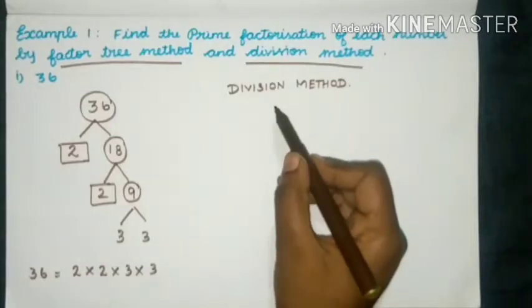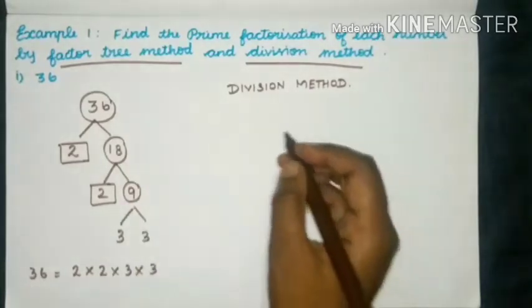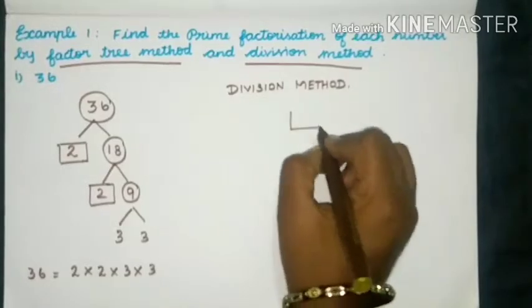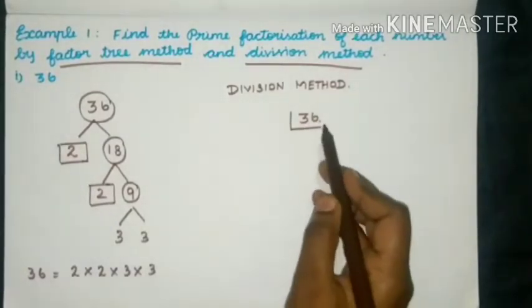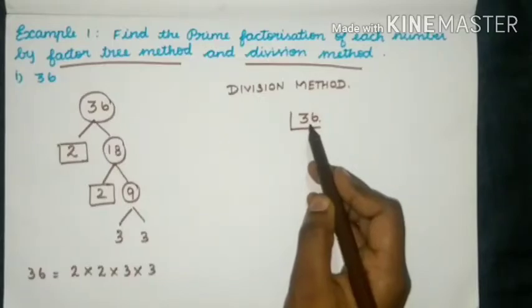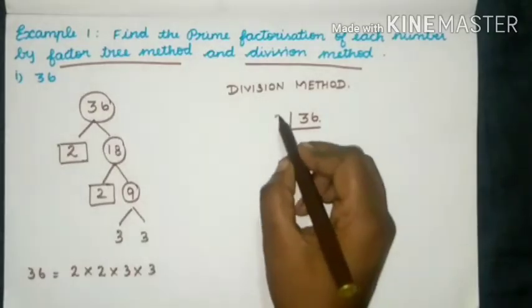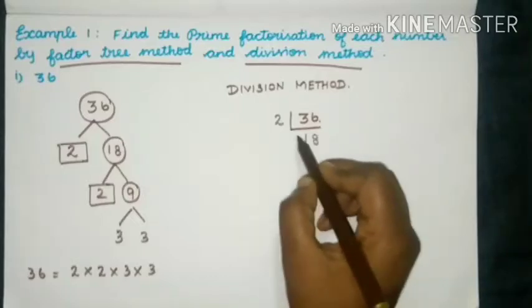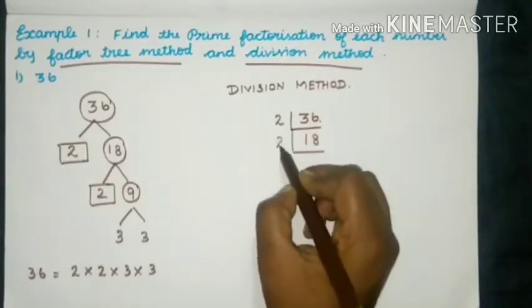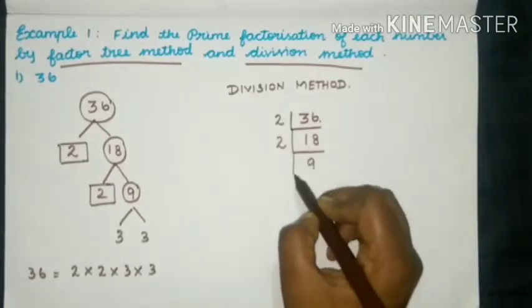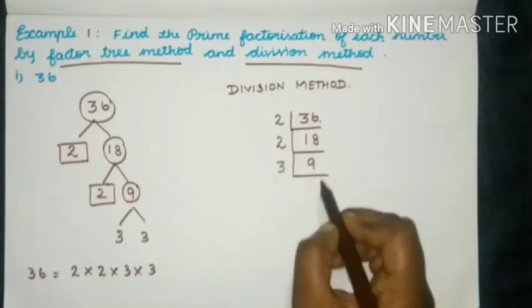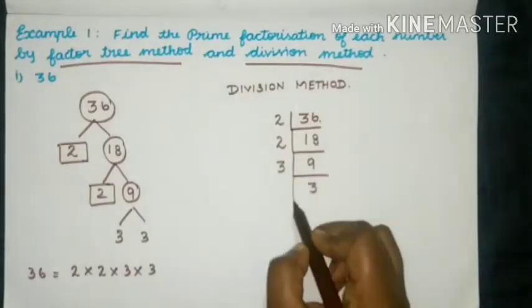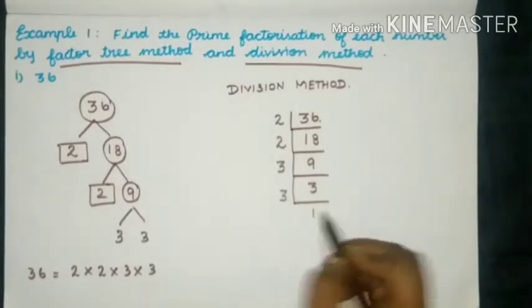Now let's find the division method of 36. 36 is an even number, so it is divisible by 2. 2 18s are 36. 2 9s are 18. 9 is an odd number, so it is not divisible by 2. 3 3s are 9. 3 1s are 3.